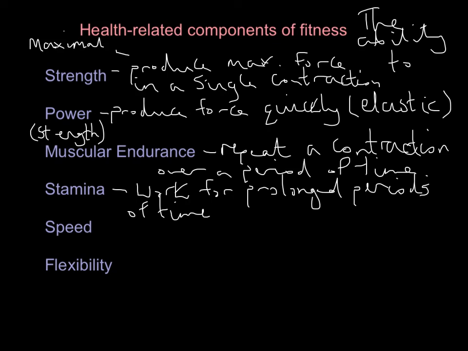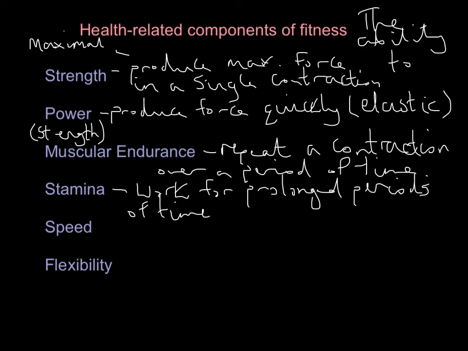It's the ability of the heart and lungs to supply oxygen to the working muscles for a prolonged period of time. I'm going to leave it as that for now, but those of you going for A's, if you're going for A stars, make reference to the heart and the lungs. The ability of the heart and lungs to provide oxygen to the working muscles for prolonged periods of time. That is a much more accurate definition of stamina.